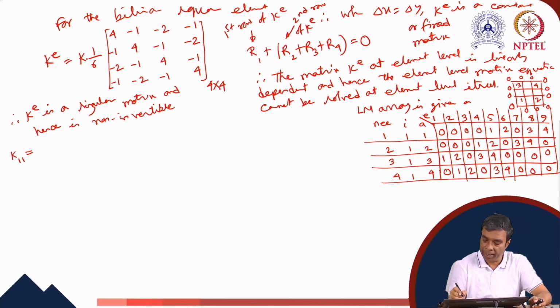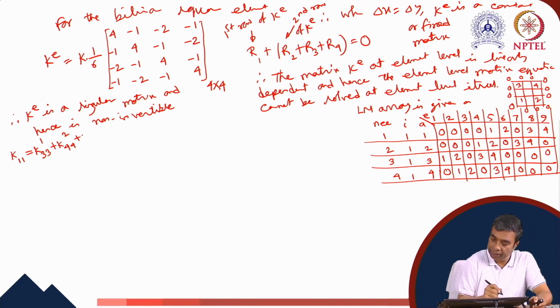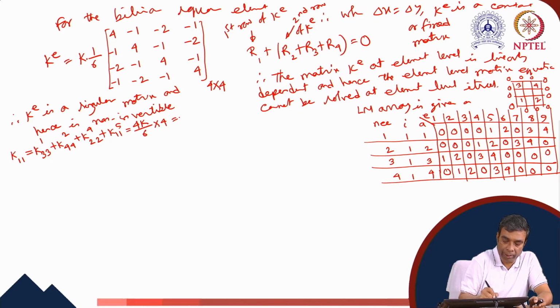If we look into the LM array, this K11 will be written as K33 of element 1, plus K44 of element 2, plus K22 of element 4, plus K11 of element 5. So these are all diagonal terms. All the diagonal terms are constant. They are equal to 4k by 6. So you multiply it by 4, and we have 16k by 6.